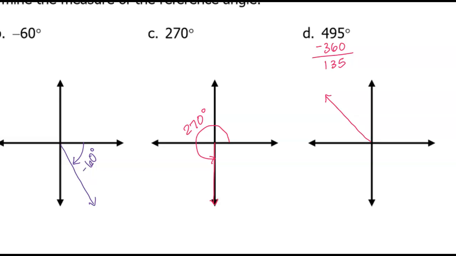But instead of just going from my positive x to my terminal side, I need to go around and then back to my terminal side. This is a 495 degree angle. Any questions here on how we drew these standard position angles?